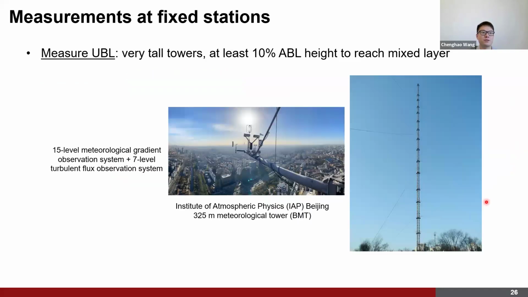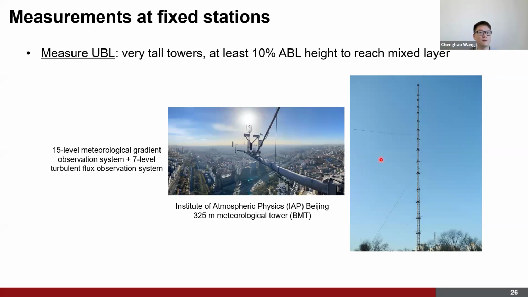So if we want to measure the entire urban boundary layer, we need very, very tall towers, at least beyond the lowest 10% of the atmospheric boundary layer, so that we are above the surface layer. We are now within the mixed layer. Here is one example showing one of the highest urban flux towers in the world.